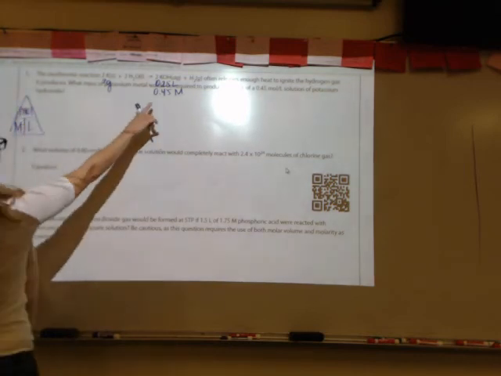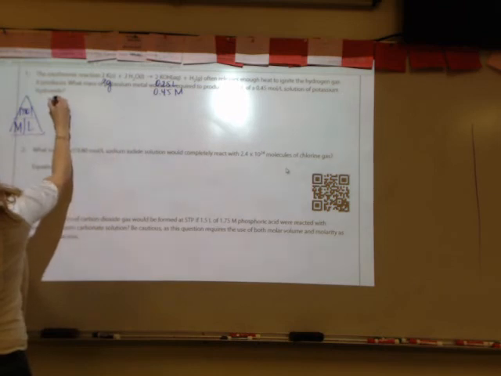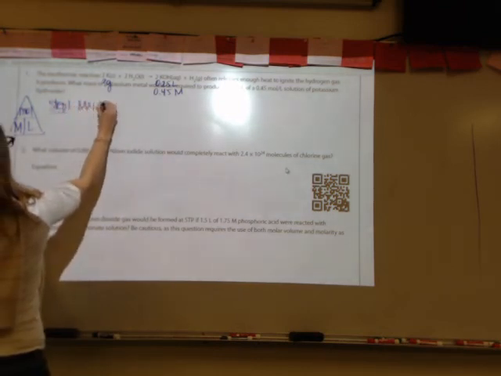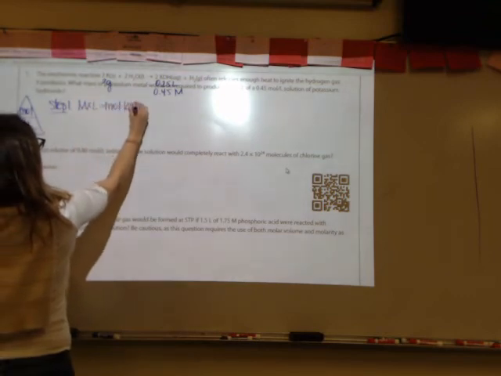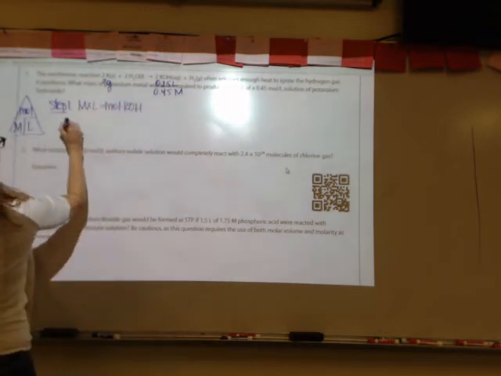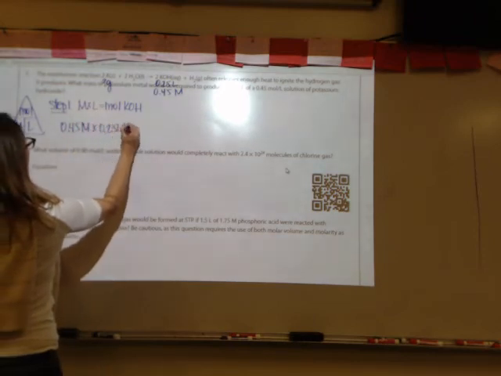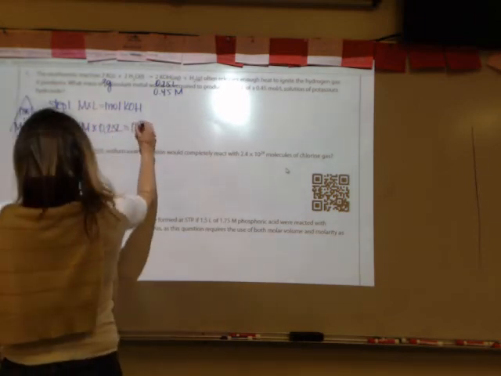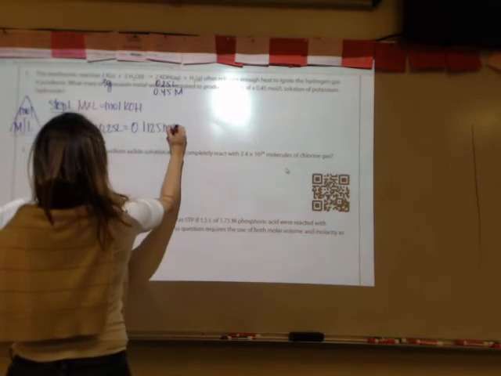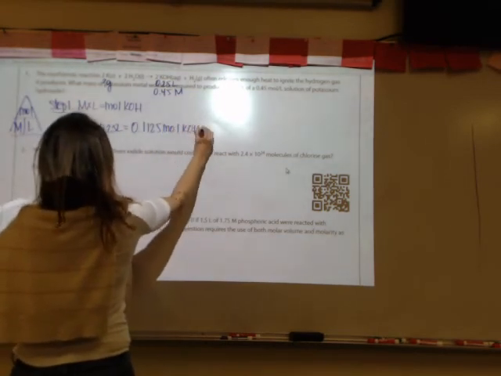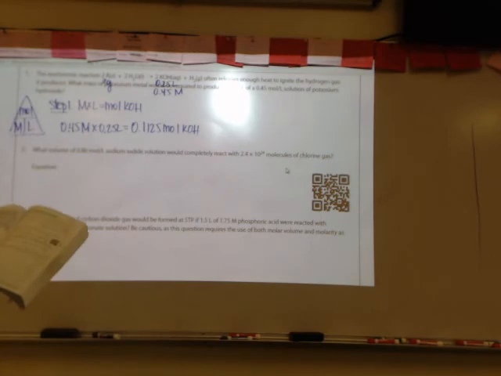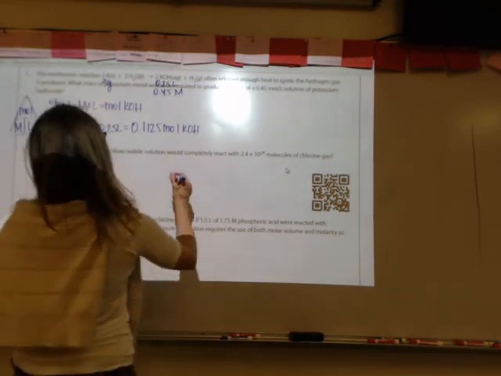Well, if I have molarity and liters, then what I can do is multiply to get moles of KOH. So 0.45 times 0.25 is going to give me 0.1125 moles of KOH. And I'm not rounding to the proper number of sig figs. I'm just writing whatever it gives me in the calculator.